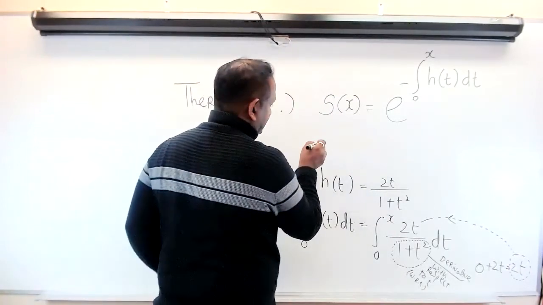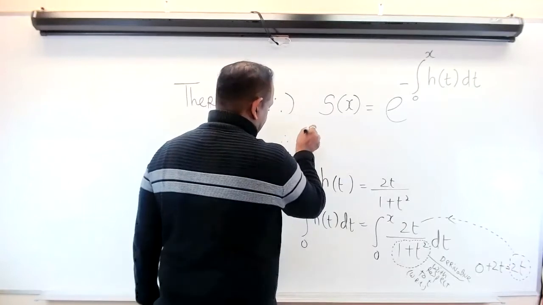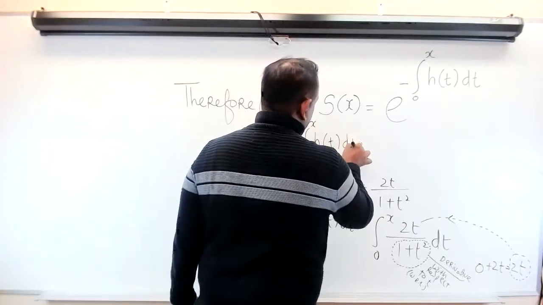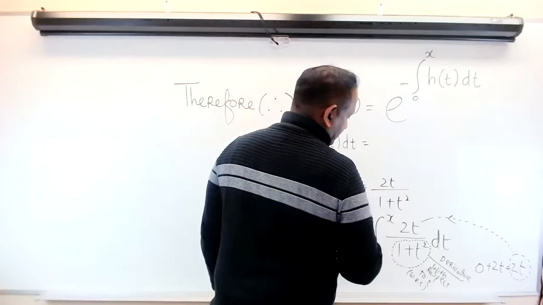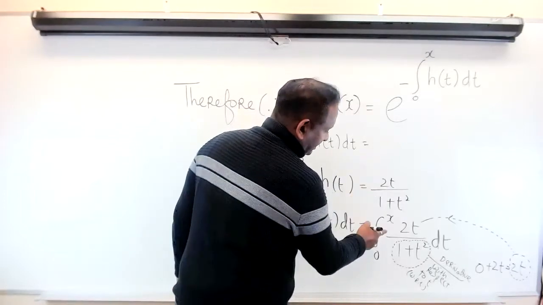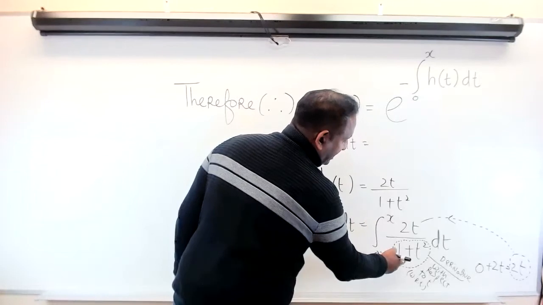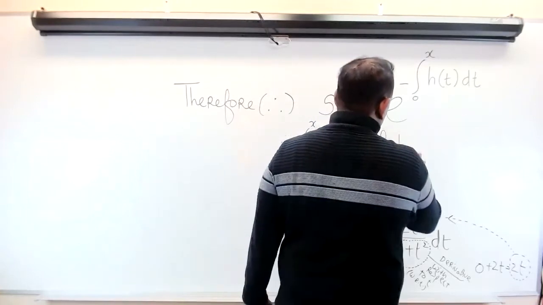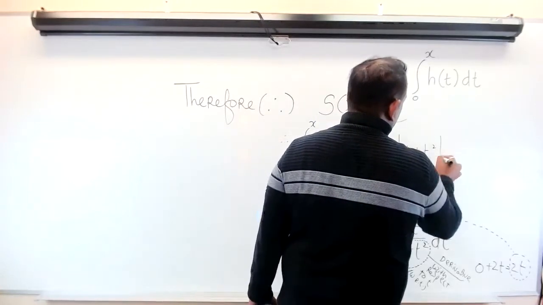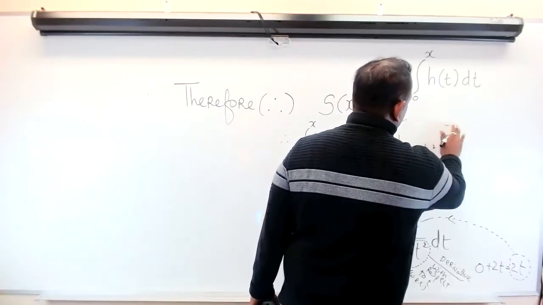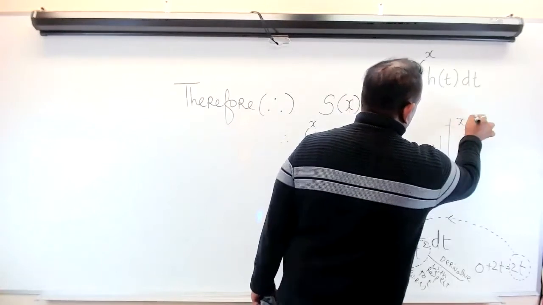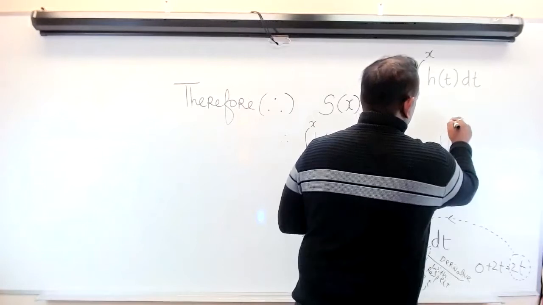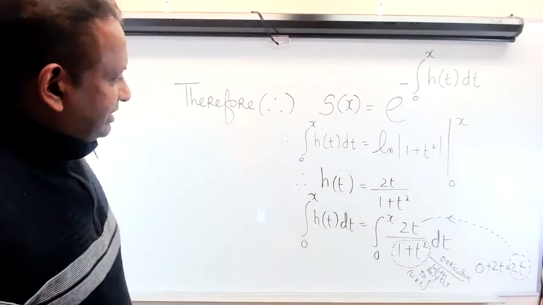Therefore, the integral from 0 to x of 2t over 1 plus t squared dt is nothing but, simply by integration, since the derivative of the denominator is the same as the numerator, you can say ln of the absolute value of the denominator, and then plug in the limits 0 to x. That's the integration of this thing.